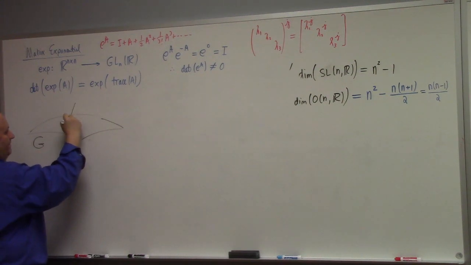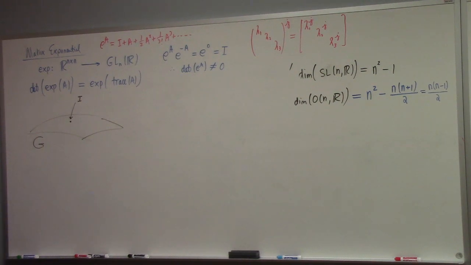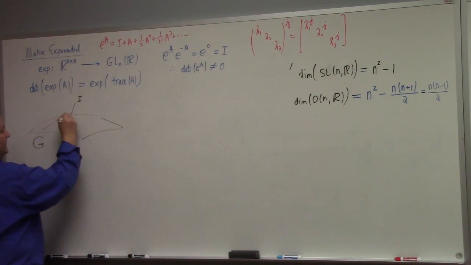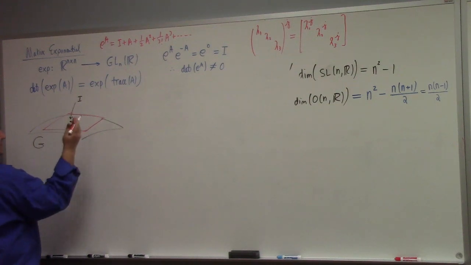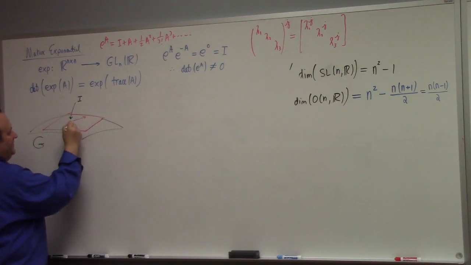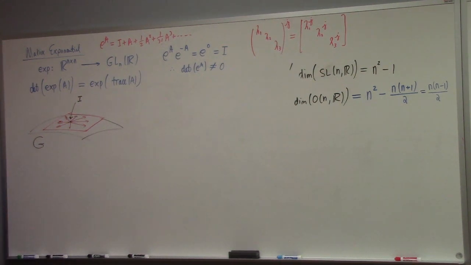And so it makes sense to look at what's called the tangent space to the identity. Roughly speaking, it's a tangent plane, and you can think about that as being filled with all of the possible tangent vectors that emanate from that point.